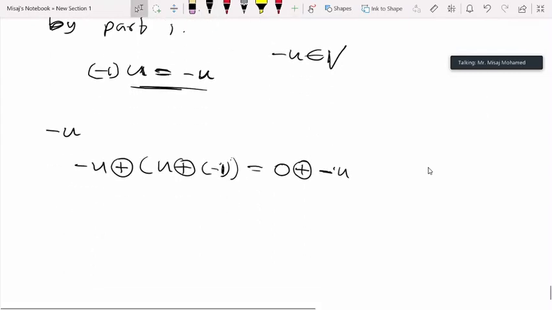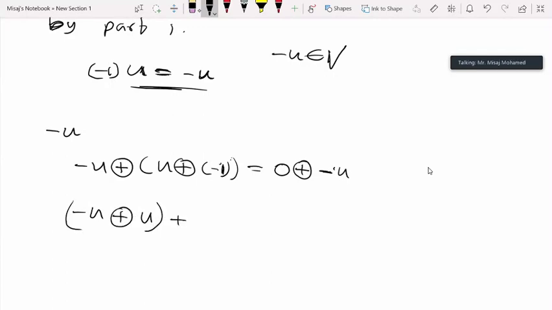By the associative law, u plus minus 1 into u, this is u, this is minus u.